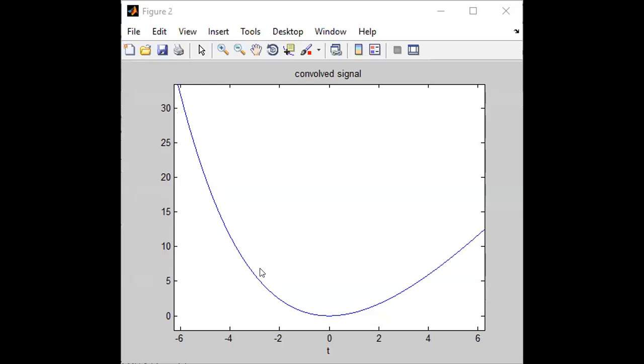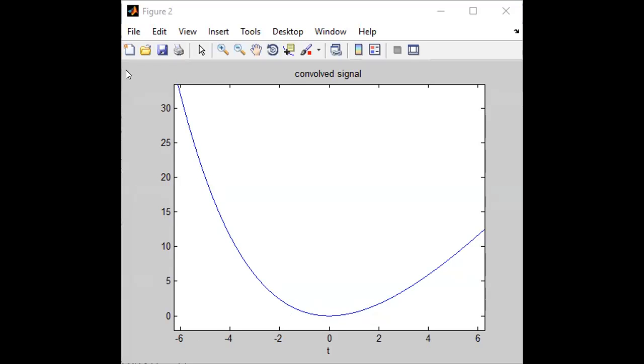So here if you see the output, this is my convolved signal output. That means when t equal to 0, the exponential term with t equal to 0 gives minus 16 into e power minus 0, so 16 minus 16 is 0. At t equal to 0, amplitude is also 0.